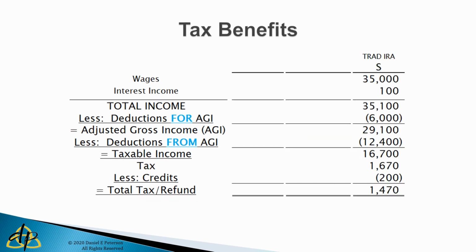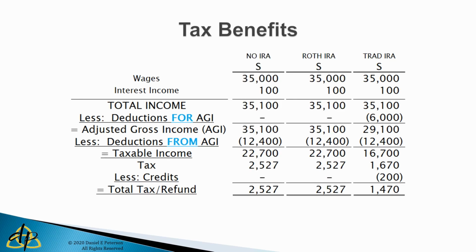If that taxpayer were to make a $6,000 deductible IRA contribution, then they would reduce their total income and reduce their taxable income. When they do that, they put themselves in a position where they actually get a $200 retirement savers credit, reduce their tax to $1,670, and reduce their overall tax because of that credit to $1,470.